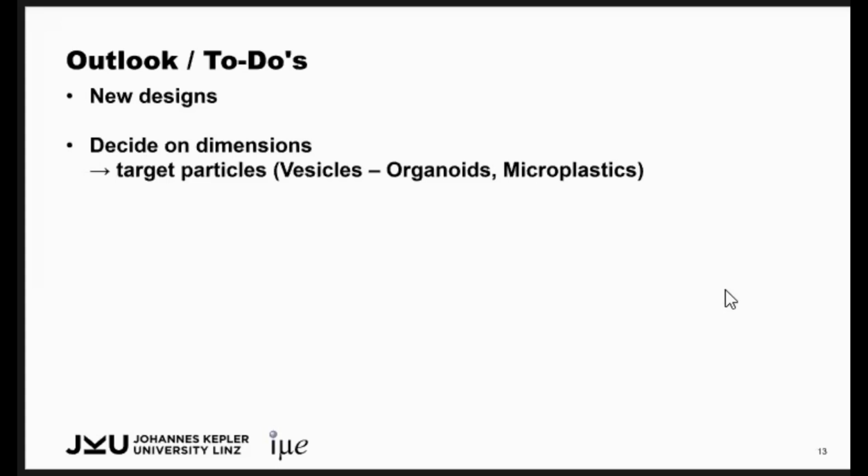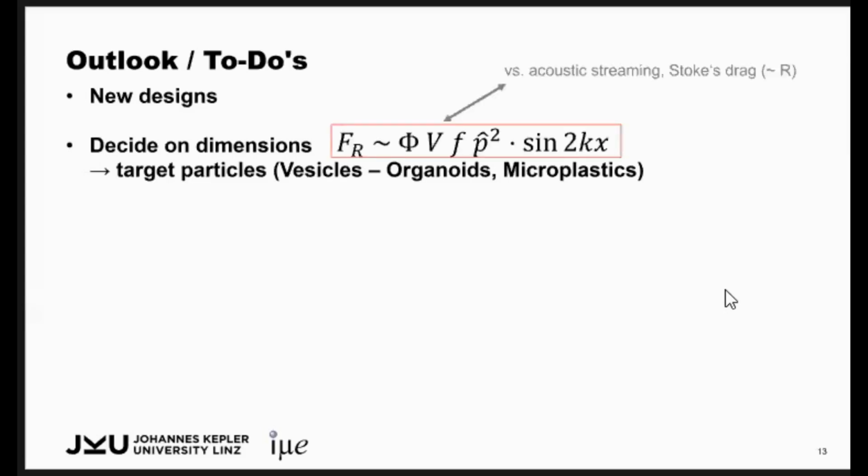If we have organoids, it will work like this, I think. Microplastic depends on the size of the microplastic. Whether we will be able to manipulate vesicles or smaller particles such as cells, we need to investigate, because our enemy is the acoustic streaming.